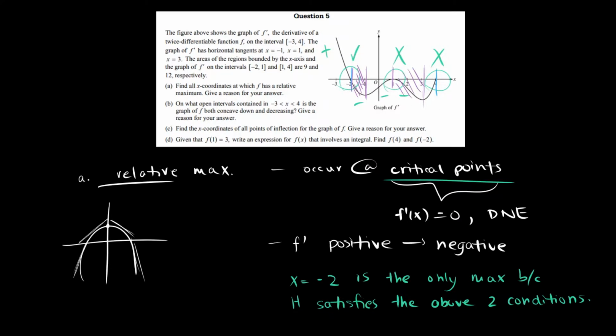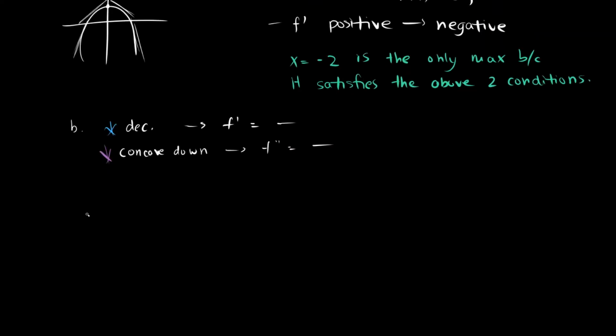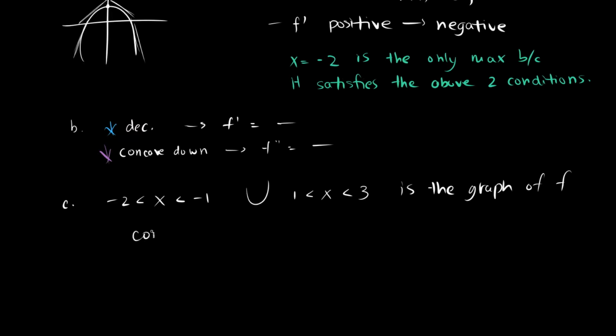So on the intervals from -2 to -1 exclusive and +1 to +3 exclusive is the graph of f concave down and decreasing.